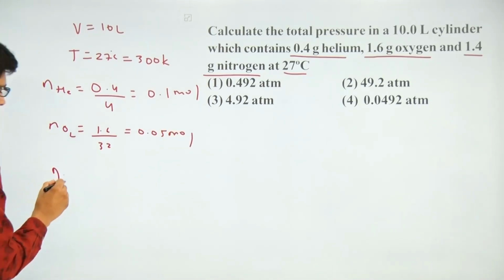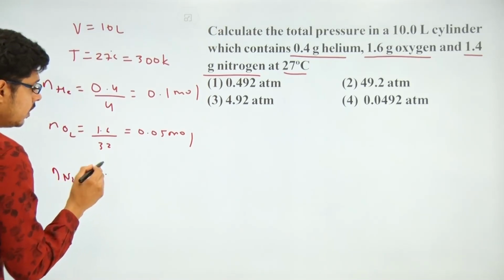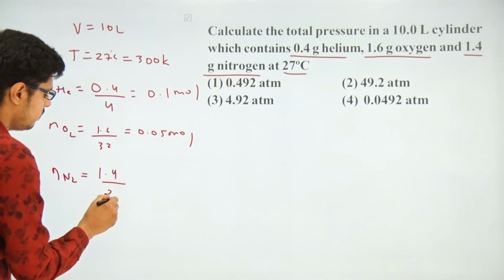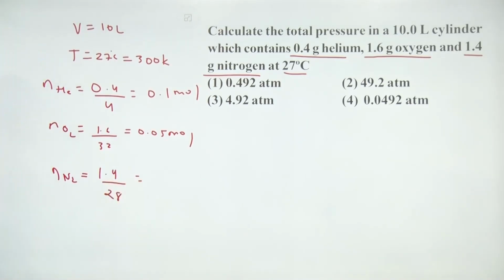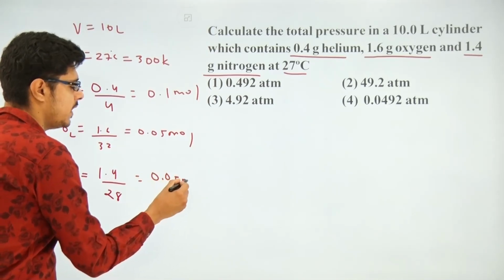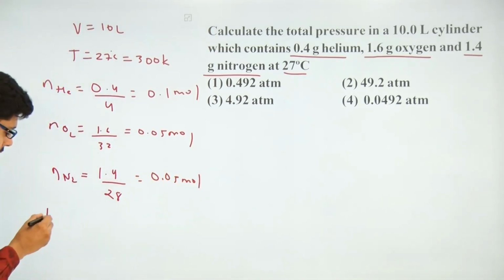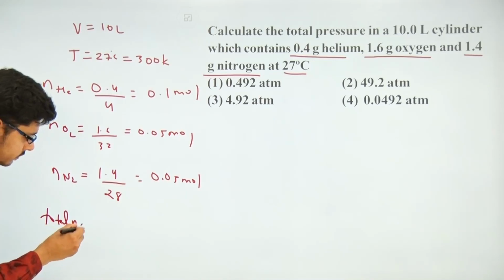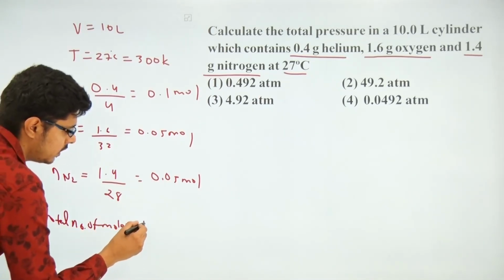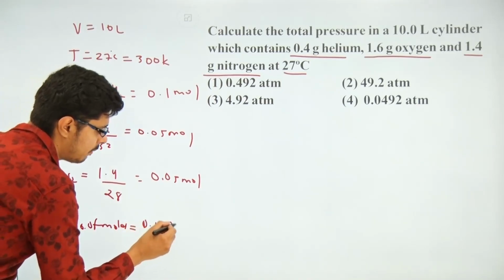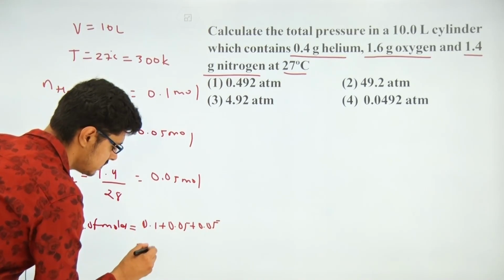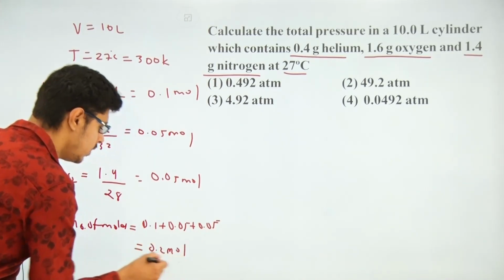Next, the number of moles of nitrogen, so that will be 1.4 given mass divided by the molar mass, that will be 28. So this will be 0.05 mole. So total number of moles will be 0.1 plus 0.05 plus 0.05. So this will be equals to 0.2 moles.